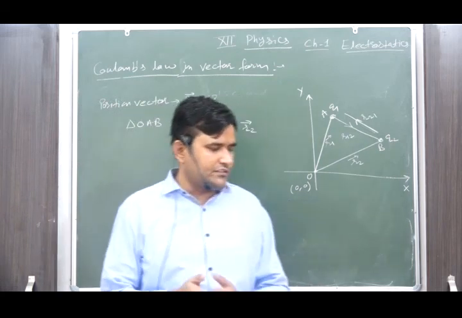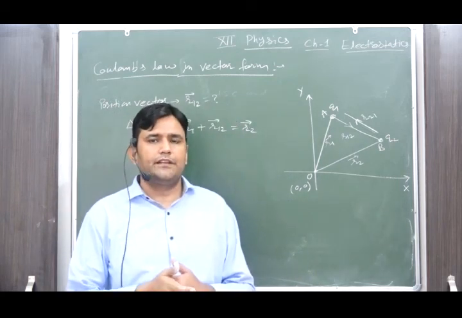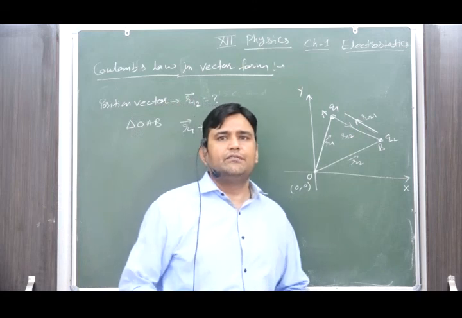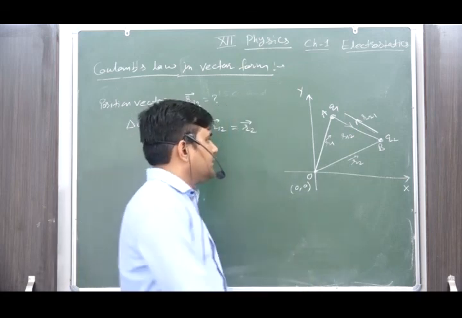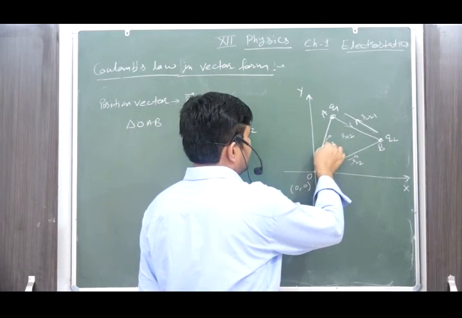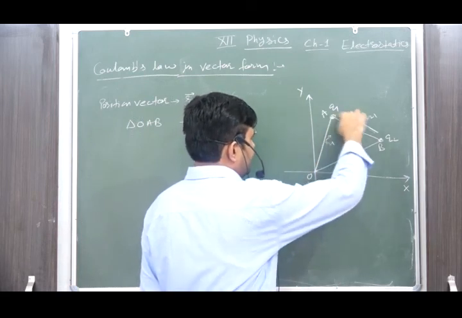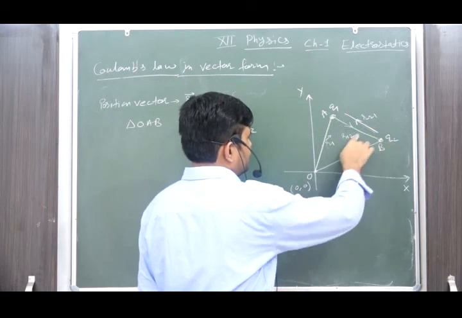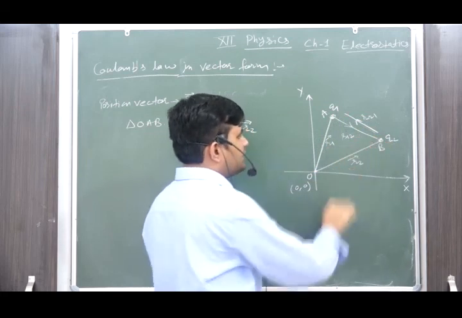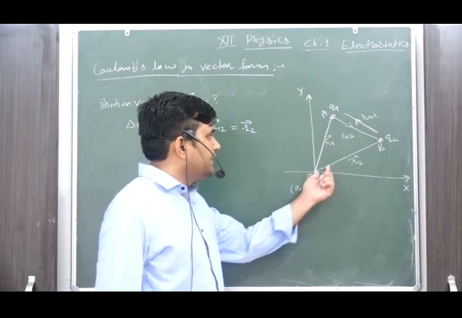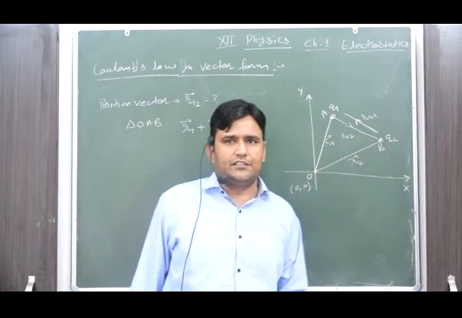How does the triangle law of vectors work? It is defined as: when two sides of a triangle, OA and AB, are added, the summation of both sides is equal to the third side when it is in the opposite direction.